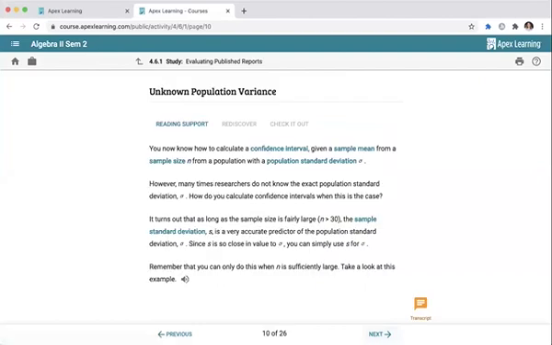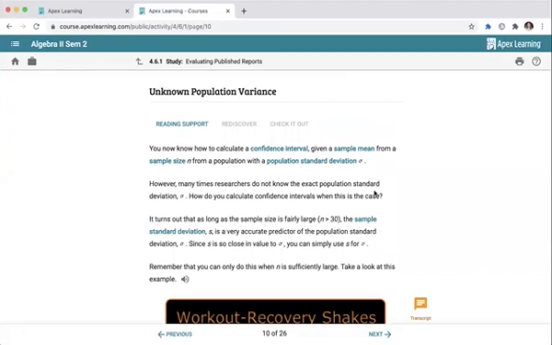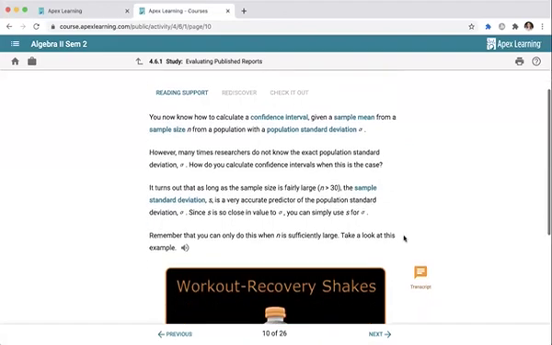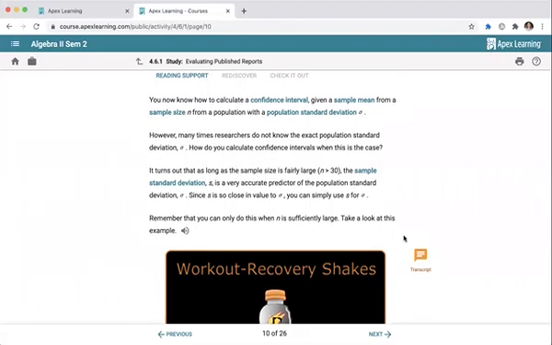Okay, then here we have unknown population variance, okay? So we've talked a lot about confidence intervals, sample mean, sample size, and our population standard deviation, but what happens if we have a really large sample set here? It's talking about n greater than 30.